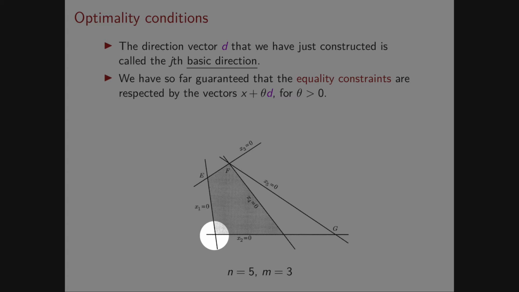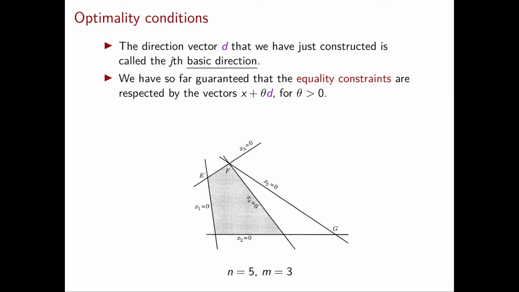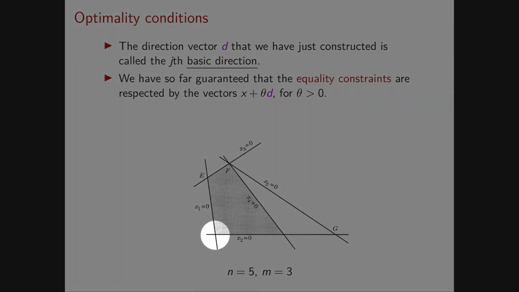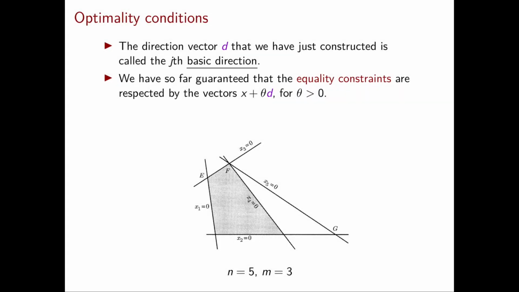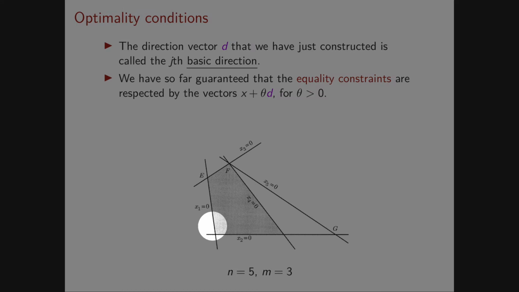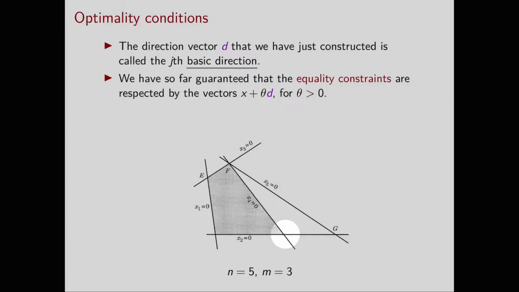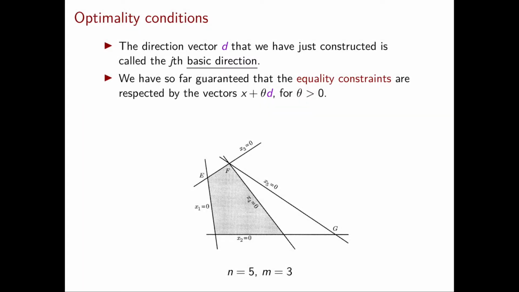So our first basic direction consists in the vector that goes from our original basic feasible solution to the right along the line x2 equal to 0. It's a great exercise for you to think about every possible basic feasible solution in this picture and construct all the corresponding basic directions. Now that we've understood this example, let's get back to the general setting.